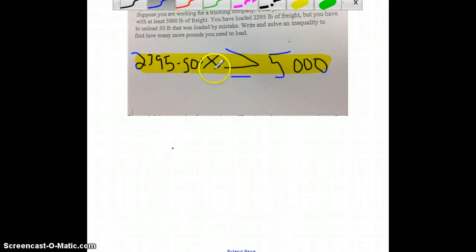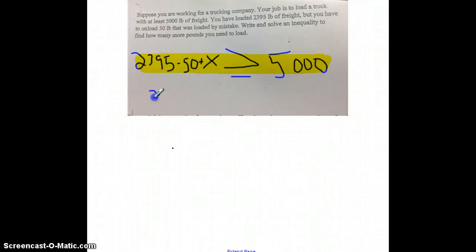The first thing, again, we want to get x all by itself. So let's combine our like terms here. We get 2,345 plus x. I still have to get x alone, so let's subtract 2,345 from both sides.